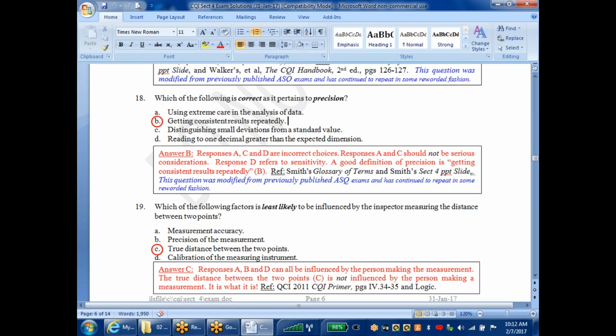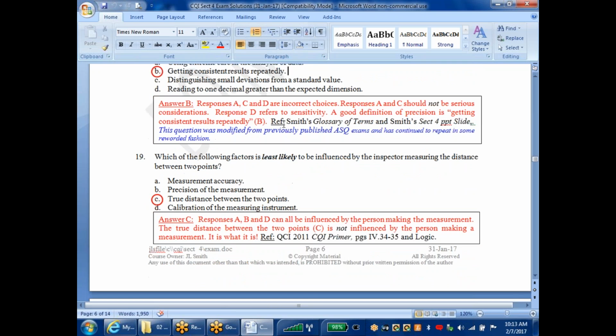And then you can read these others. C, you distinguish small deviations from the standard value. That's really not precision. Precision is getting consistent results repeatedly, time after time after time.